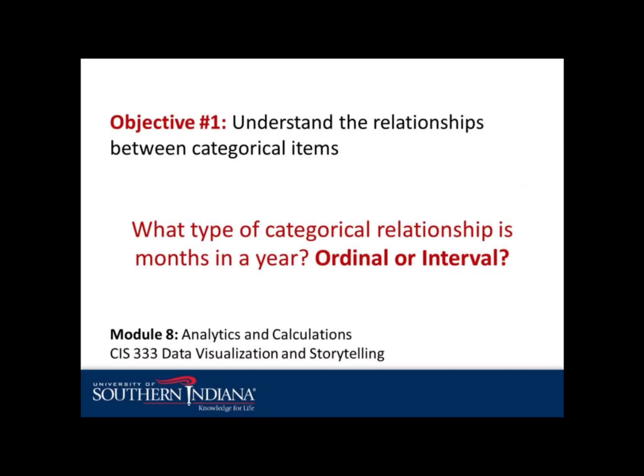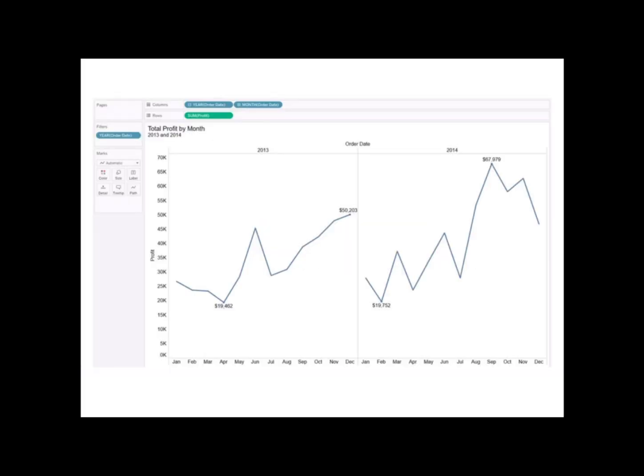So here's a question for you. What type of category relationship is months in a year? Keep in mind that every month has a different number of days in it. So is it ordinal or is it interval? A lot of people think that it is just ordinal, but it's interval, because you do know that they have an order, but there is also an assigned range of intervals between the days of the month.